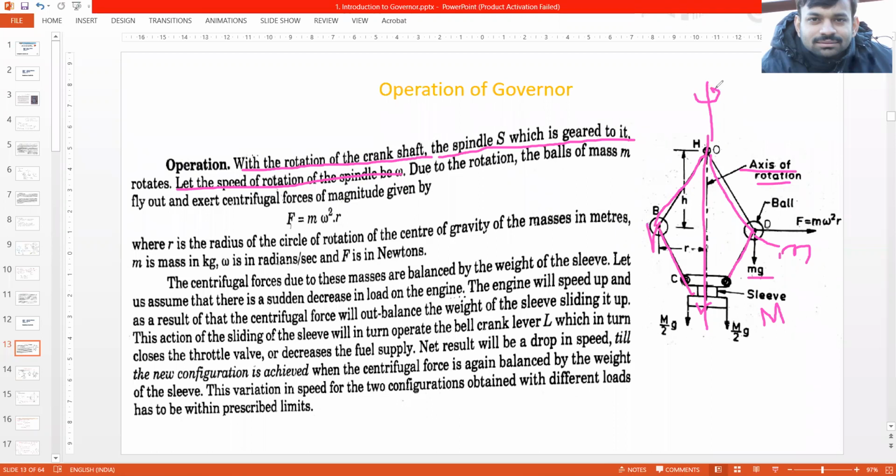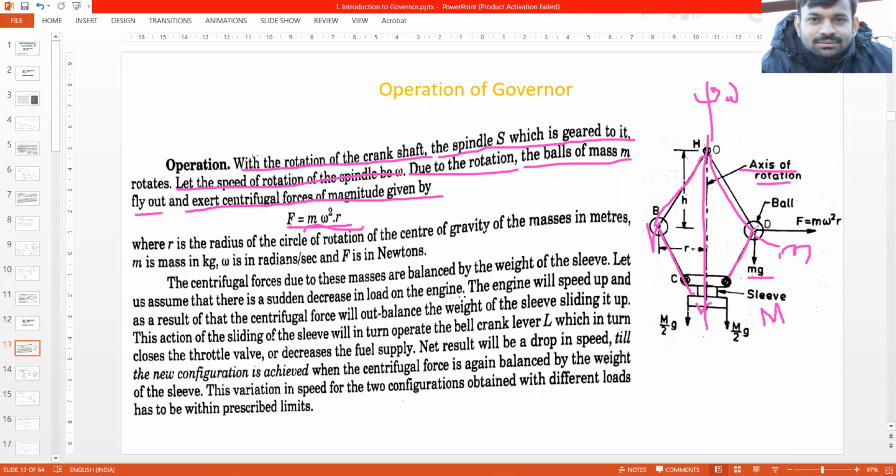It is rotating about its own axis, and its angular speed is omega. Due to rotation, the balls of mass m fly out and exert a centrifugal force of magnitude F = m omega square r. Right. So we know that the expression for centrifugal force is m omega square r.